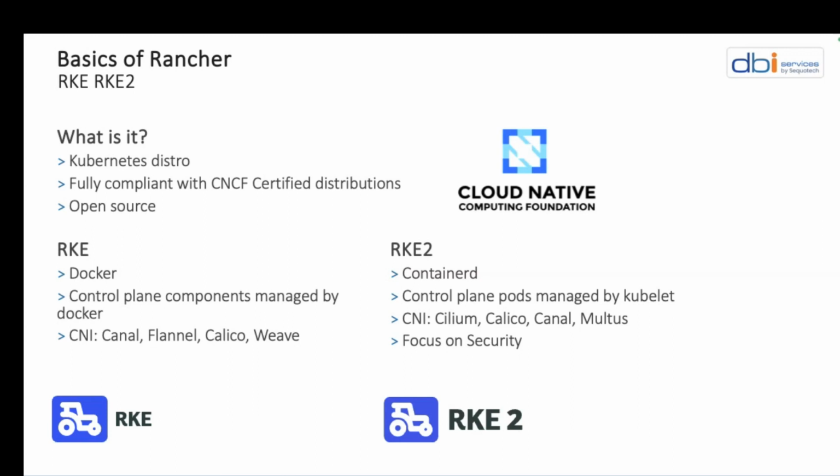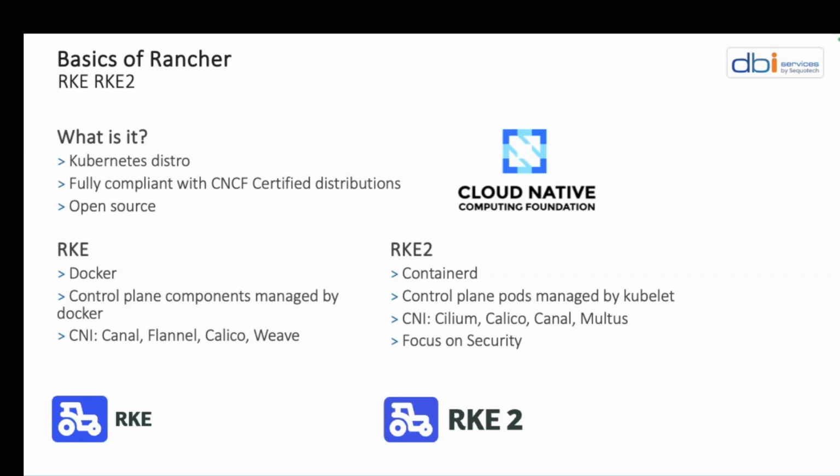The control plane components are managed by Docker, and they are started as Docker containers. So, for example, the kube API, the kube scheduler, the kube controller. And RKE uses as CNI Canal, Flannel, Calico, or Weave.